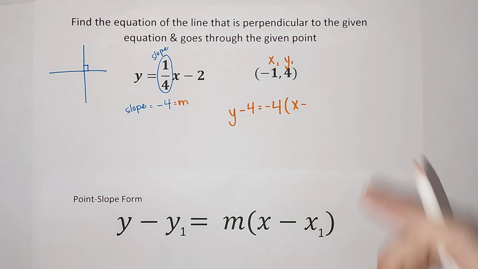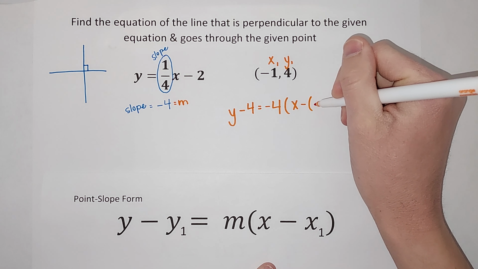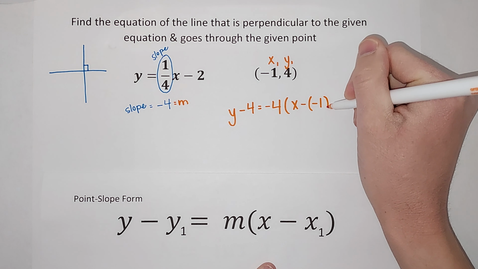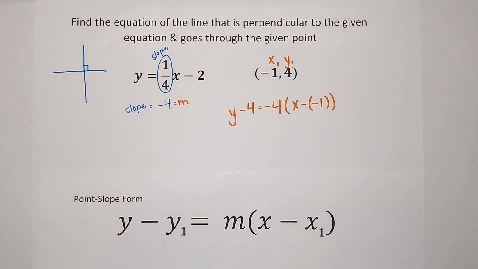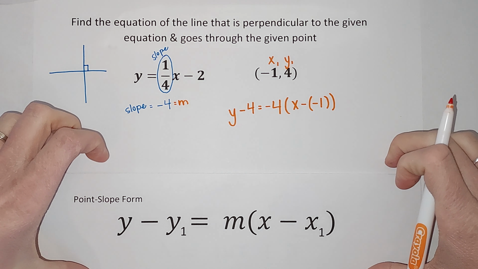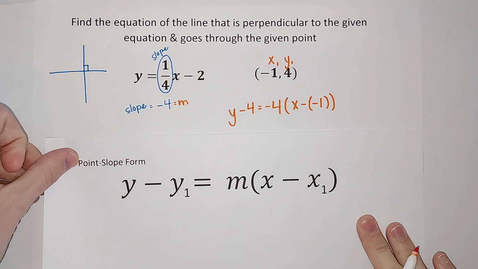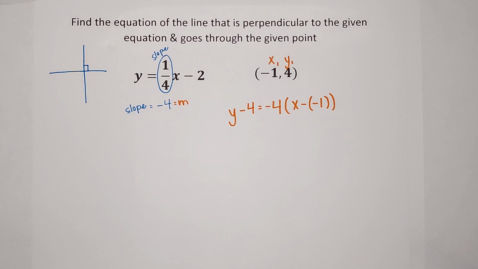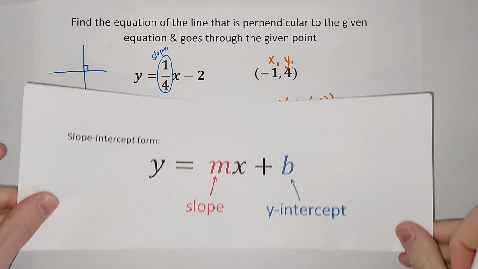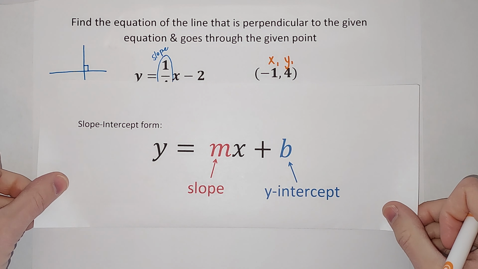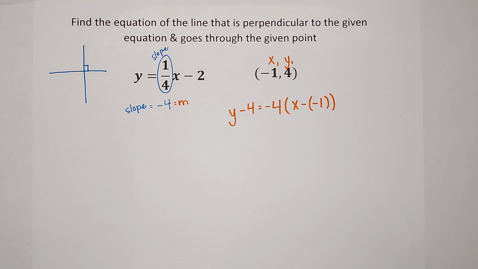We need to make sure those are both there. So I'm going to put it inside parentheses. We're going to have parentheses inside parentheses. It's going to look crazy for a second, but we're going to simplify it. I just plugged all my information into point slope form, and now we're going to simplify and try to get it back to slope intercept form. That's our favorite form to be in.